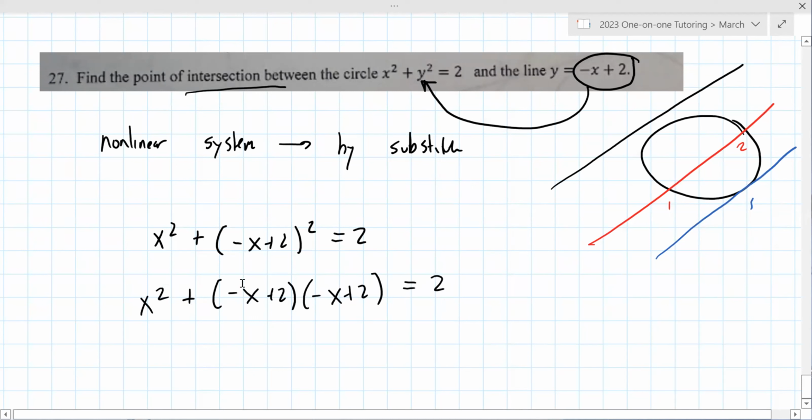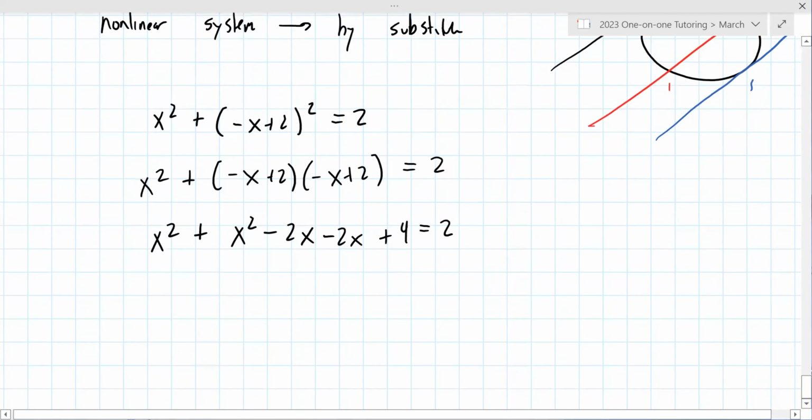Okay, so minus x times minus x, that's x squared, positive. Minus x times 2 is minus 2x. 2 times minus x is minus 2x. 2 times 2 is 4. So from here, you combine like terms.